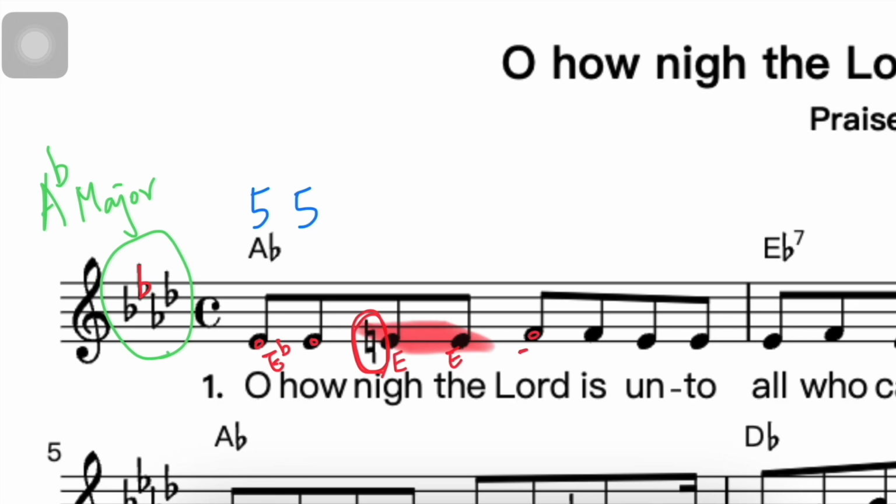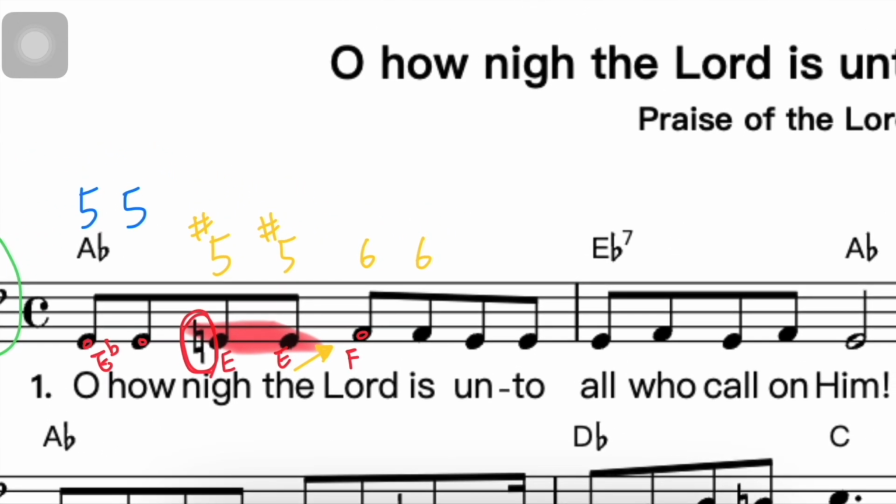This is an F. Okay, so we can see the trend is upward here. So these two should be sharp. Okay, so this is La, no problem. This is La, two La's here. Again, remember we're still in the same bar here.